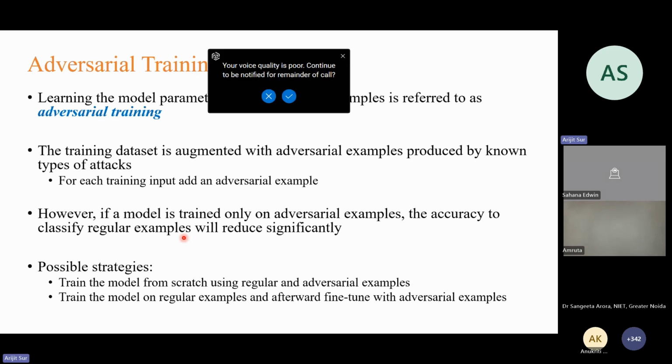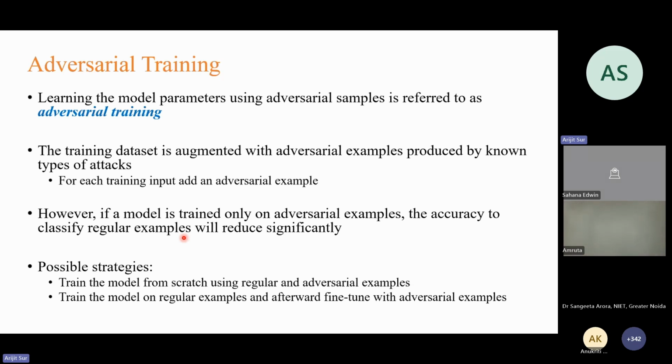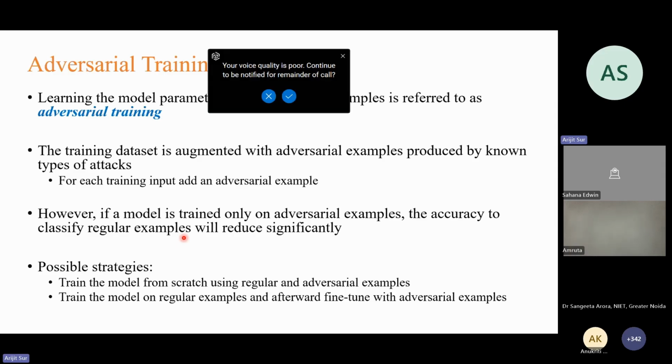If we know the adversarial examples, we retrain or fine-tune the model with a combination of the actual data and the adversarial examples, labeled properly.